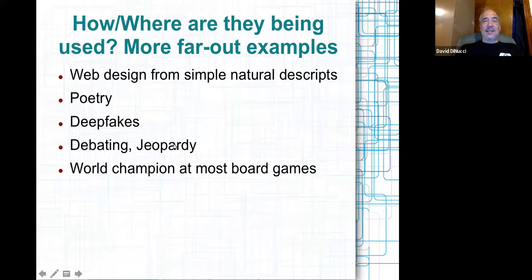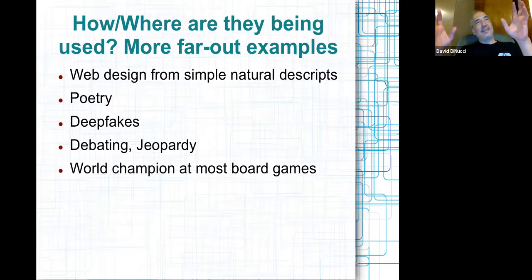And as far as more far out examples, they've got artificial intelligence now that's based on neural nets that will write a web design. You can just basically say, I want a web page that has this sort of image and that will take this sort of input and produce this sort of output, and it'll produce a web page for you.